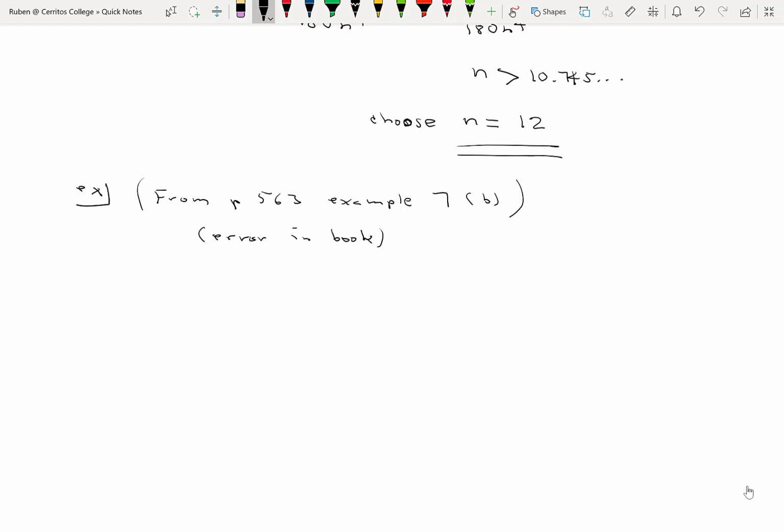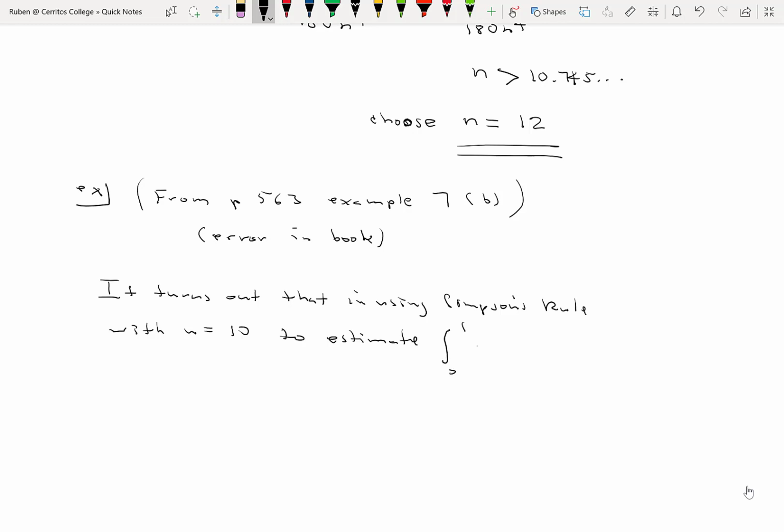So it turns out in part A of this problem, using Simpson's rule with n equals 10 to estimate, or approximate, the integral from 0 to 1 of e to the x squared, we get, and there was no mistake on this part, S sub 10 is equal to 1.46261.